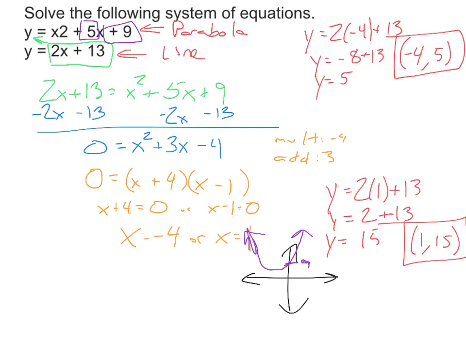Okay, let me draw the line then. For the line, we know that we have a y-intercept of 13 and a slope of 2, so we're going to come through like this. There we go, that's slightly better. So right here is the ordered pair negative 4, 5. Up here we have 1, 15, and that's what it looks like if we were to graph it, just in general. I didn't do anything terribly great on that.